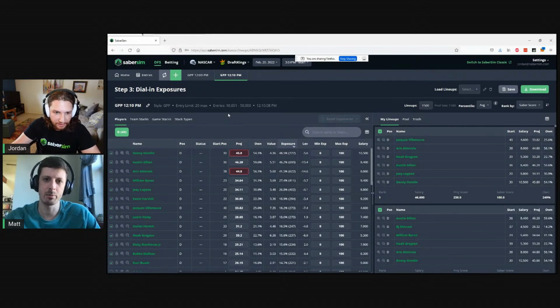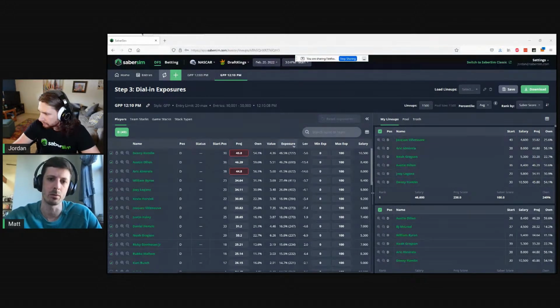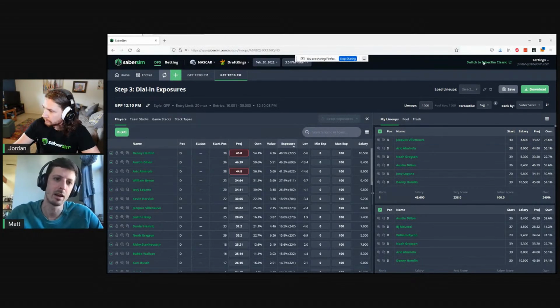Yeah, I love that approach that all the lineups are viable. That's really the value of this tool: all the lineups could win. So you can take stands and be aggressive if you want with your exposures, and you'll still end up with lineups that have a chance at winning.